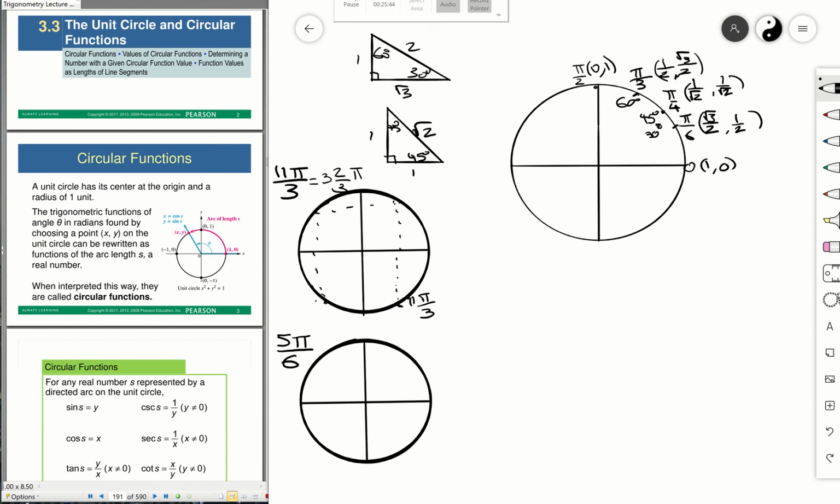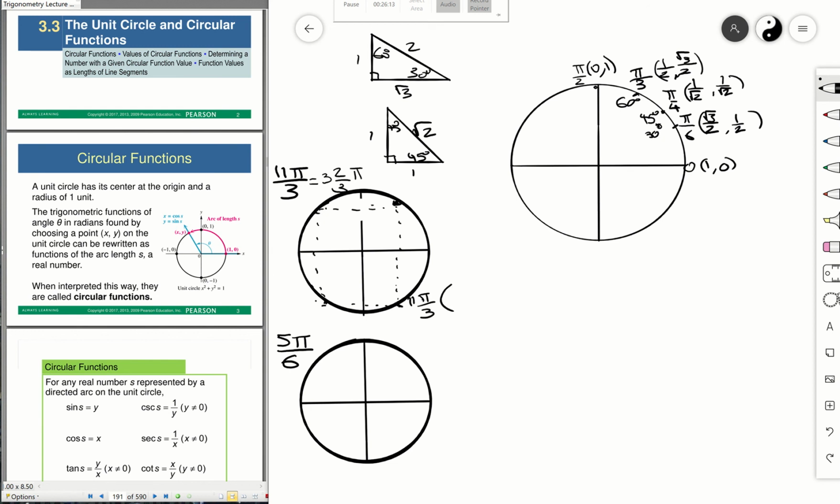So if we construct our rectangle, we realize that this is going to be a relative of, we don't really need all the sides, but we're just doing it for aesthetic reasons. And notice that this is going to be a relative of pi over 3. So all we need to do to get the coordinates for 11 pi over 3 is adjust the signs for the values that correspond to pi over 3.